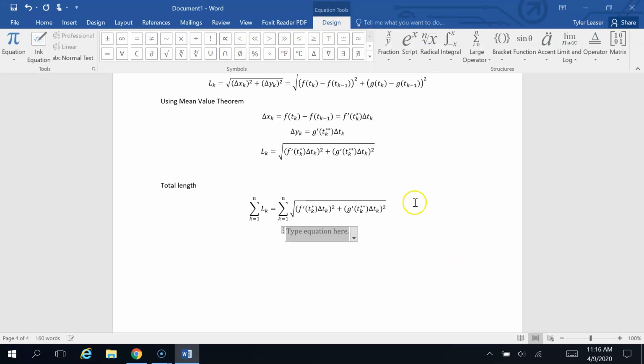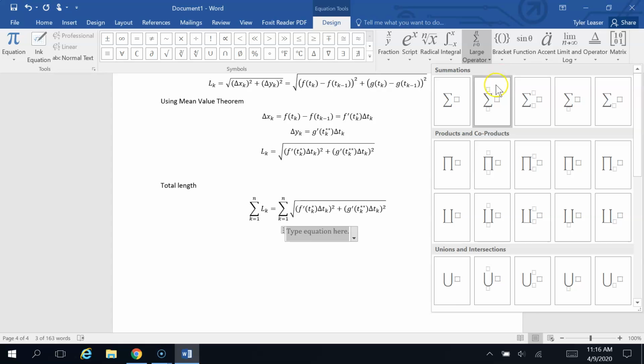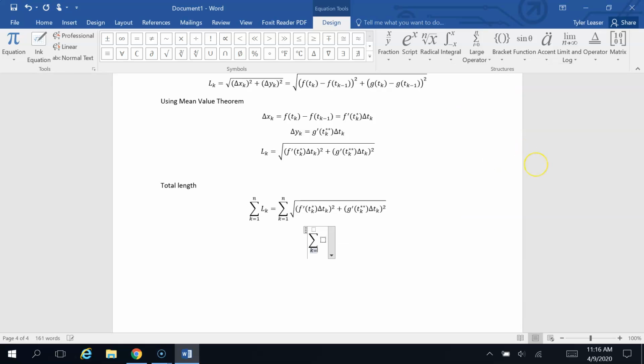Okay, and then this is kind of the trick part to it, right? So what we're going to do is it's still the same sum, but we're going to factor some stuff out. Both of these terms have a delta t sub k squared, so I'm going to factor it out of both of these terms, and then because it's squared, I can even take it out of the square root. So now my square root is just going to have the f prime of t sub k. I'm just going to leave it t sub k star for both of these.